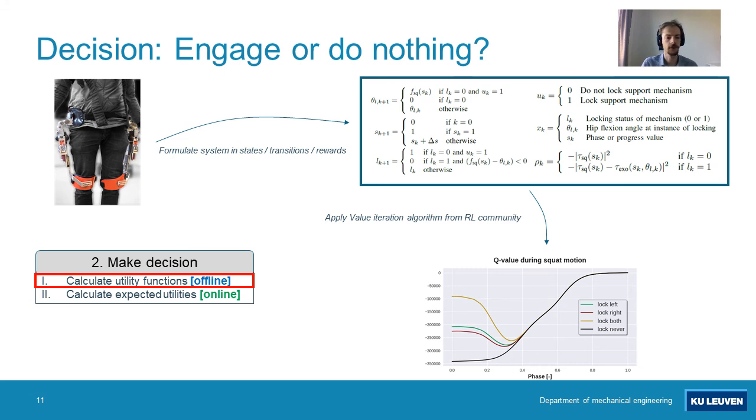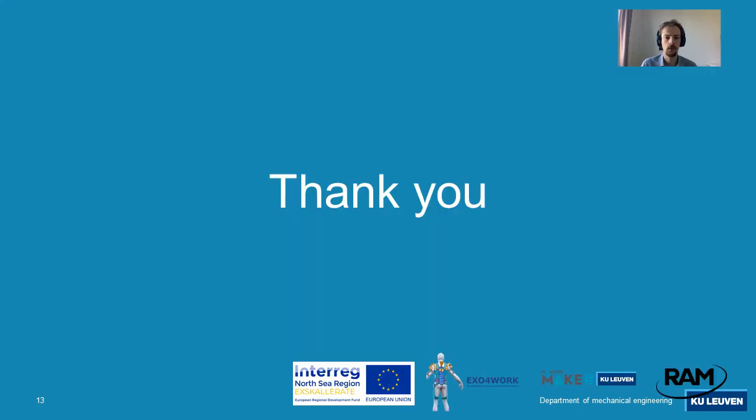These reward functions are then used by the controller and are queried by the controller to evaluate the expected utility or expected reward. In this way, we hope that the controller only engages when a user really wants it to.